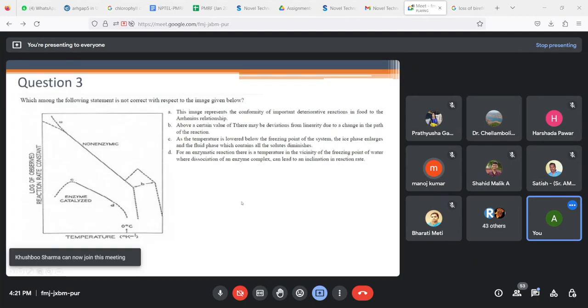And when we talk about reaction rates, if we understand 11th standard chemistry, we know that reaction rates often follow something known as the Arrhenius relationship. Are you familiar with the concept of the Arrhenius relationship?